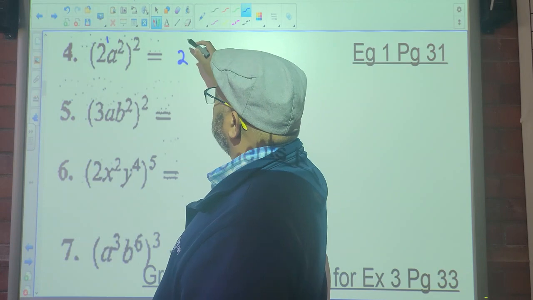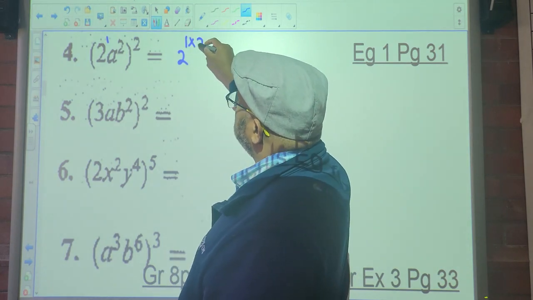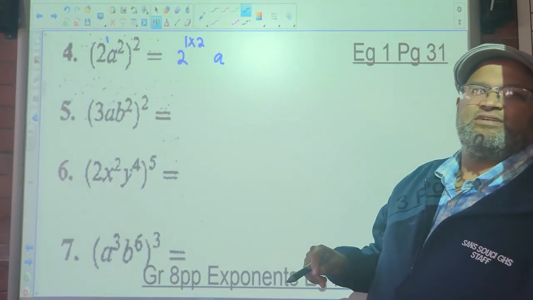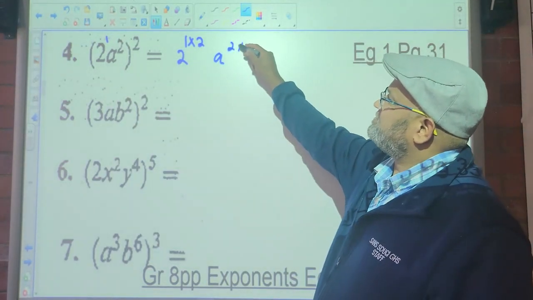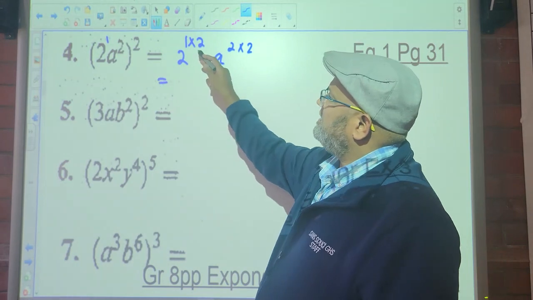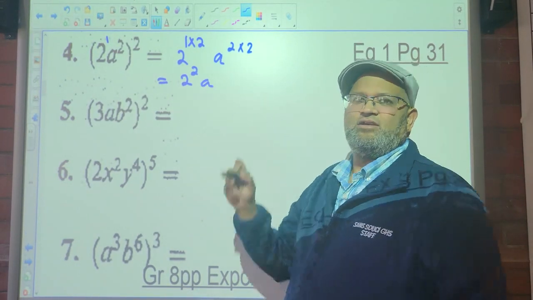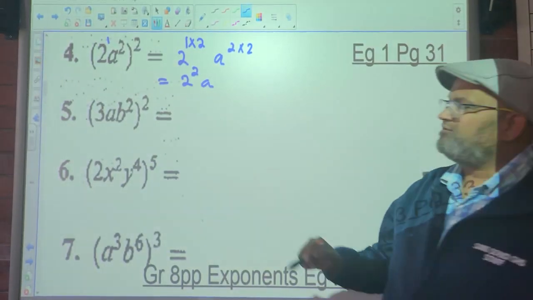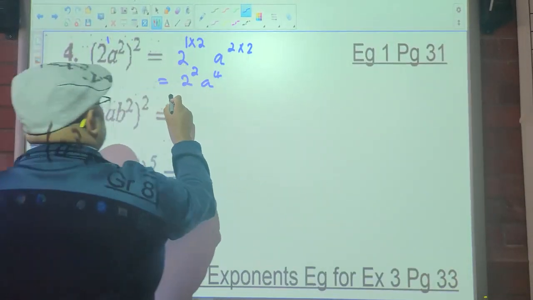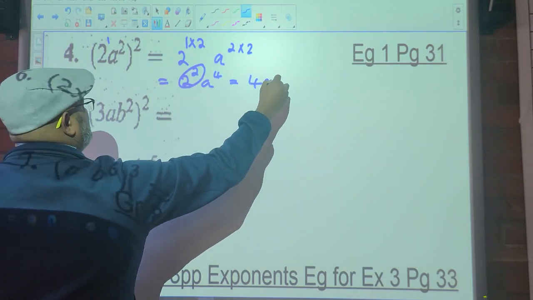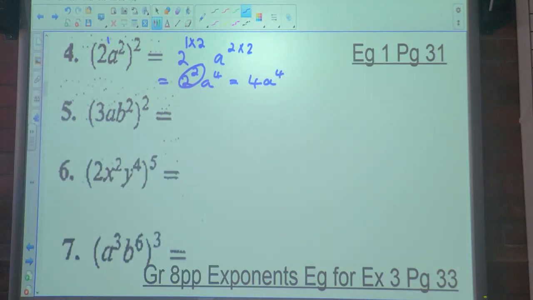So this will be 2 to the exponent 1 times 2. A to the exponent 2 times 2. And what is 1 multiplied by 2? 2. A, 2 multiplied by 2 is? And what is 2 squared? 4. 2 times 2 is 4, A. See any confusion there? Do number 5 quickly.